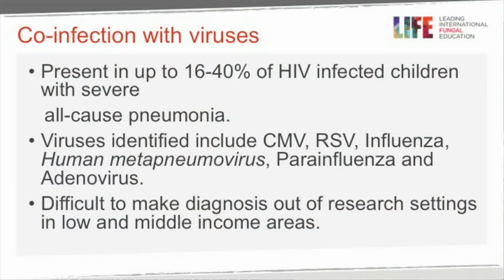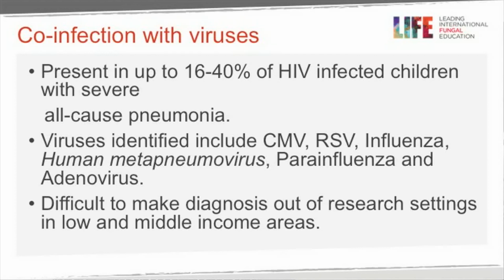So let's narrow into the viruses. Viruses are present in about 16 to 40% of HIV-infected children with severe pneumonia from whatever cause. The commonly isolated viruses are respiratory syncytial virus, influenza, human metapneumovirus, and increasingly in sub-Saharan Africa, Cytomegalovirus is being identified.